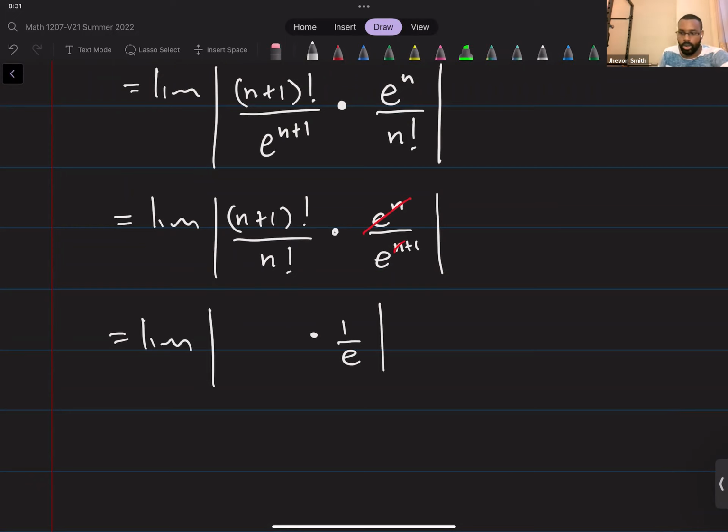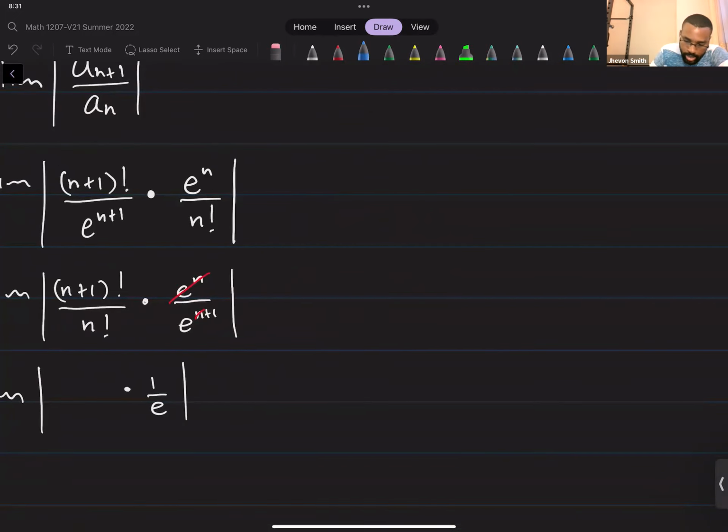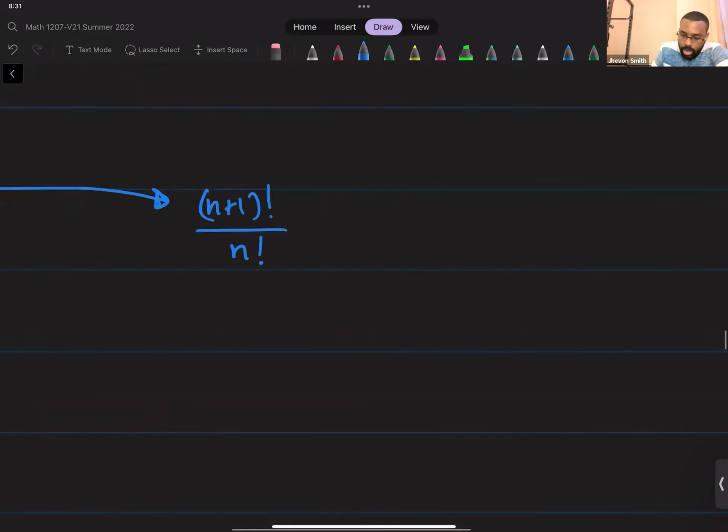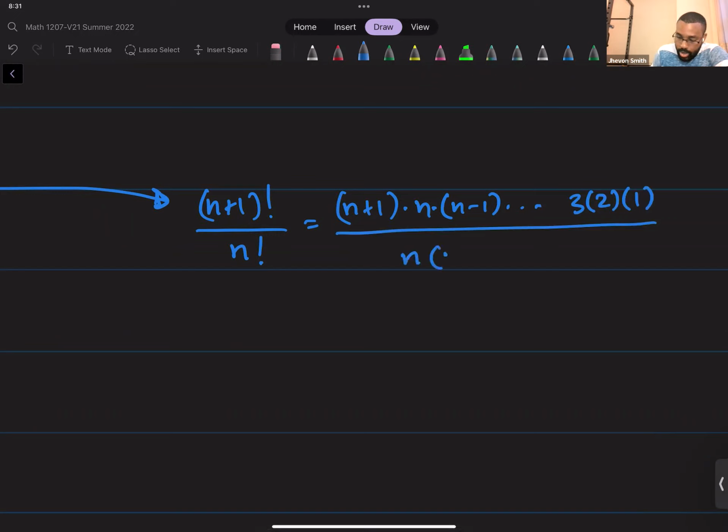Now, for the factorials, here's the reason why factorials work out nicely. If I look at this part here, n plus 1 factorial divided by n factorial. Now remember what factorials are. This is just the product of all positive integers going down to 1.